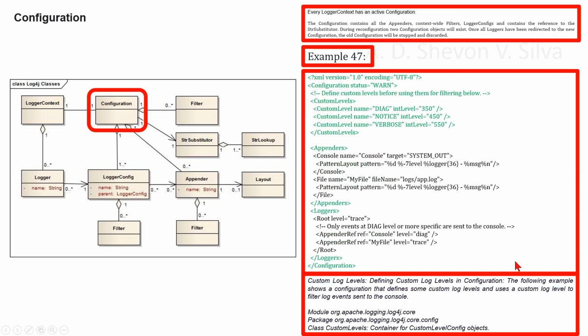Now we are considering defining custom log levels. This example shows a configuration that defines some custom log levels and uses a custom log level to filter log events sent to the console.